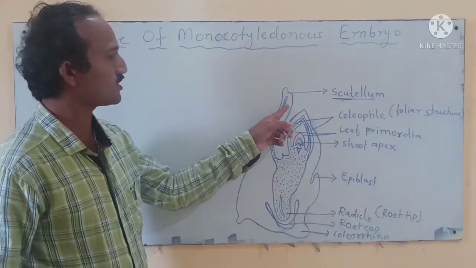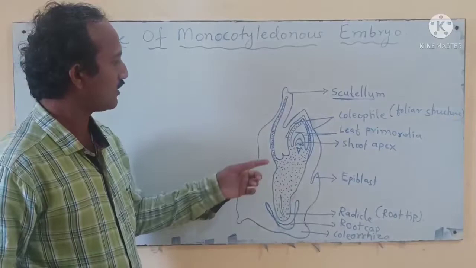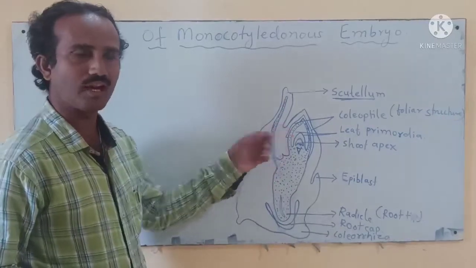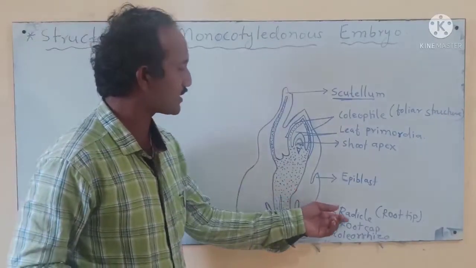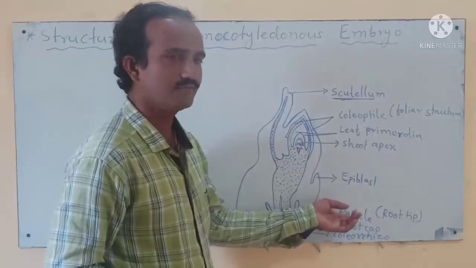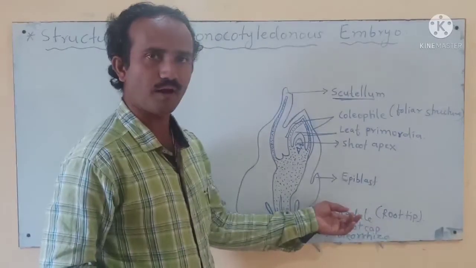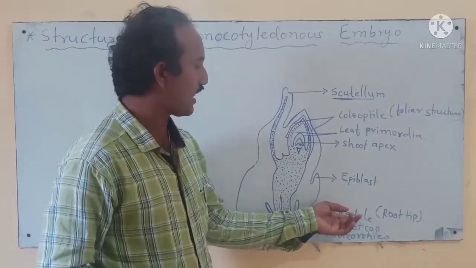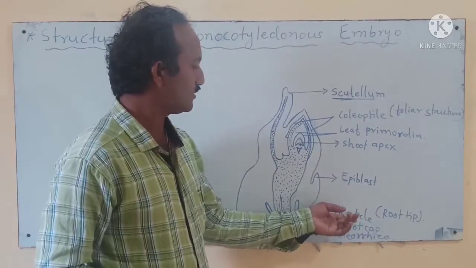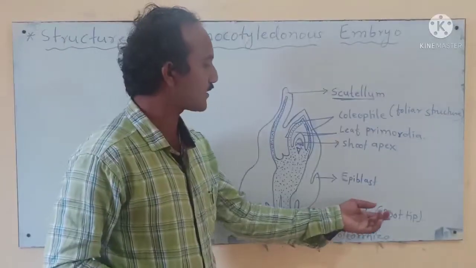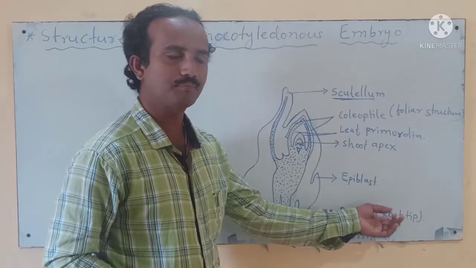At the lower end of the embryonal axis, there is a part called the radicle. As you know, it is the part from which the roots germinate. The radicle is also called the root tip.